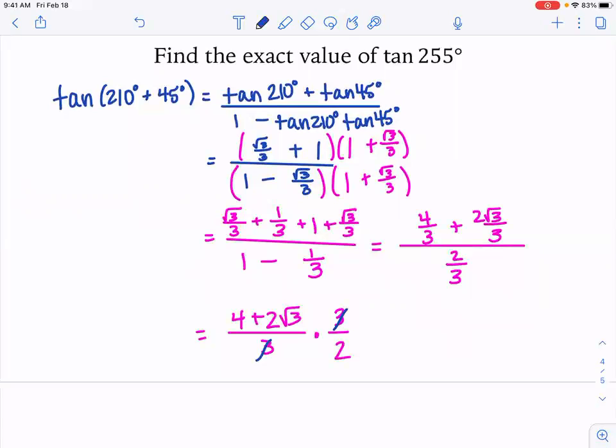Hey, we're not going to fractions anymore. This is so great. Now, that 2 is dividing the whole thing. So we have to take 4 divided by 2 and 2 radical 3 divided by 2.